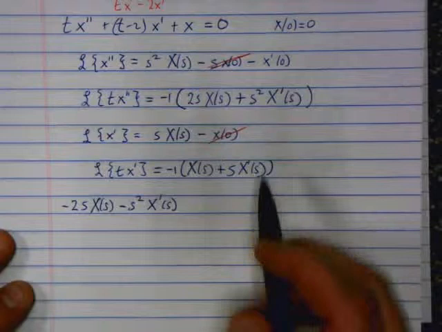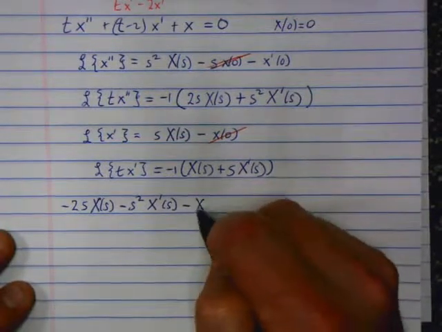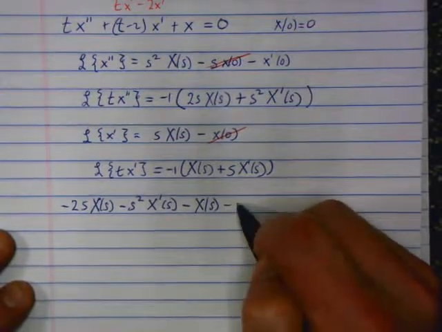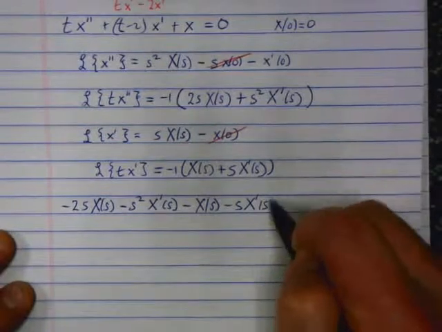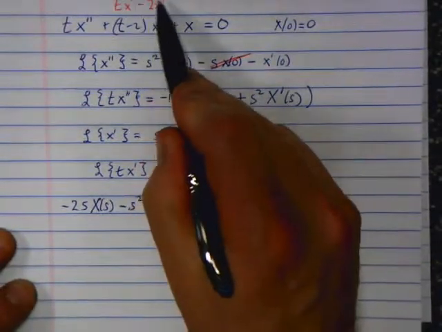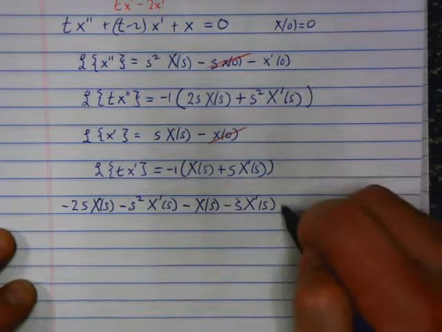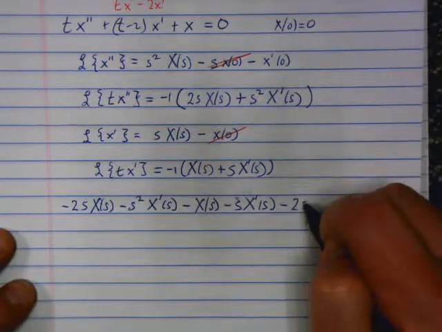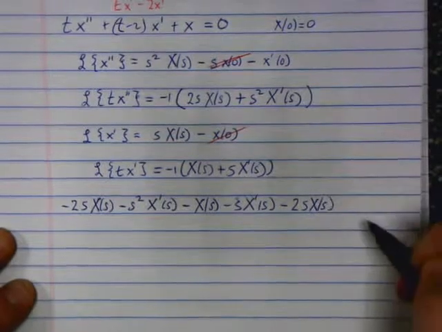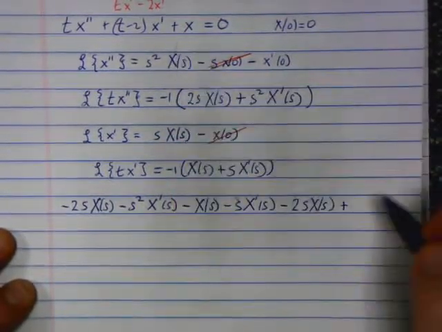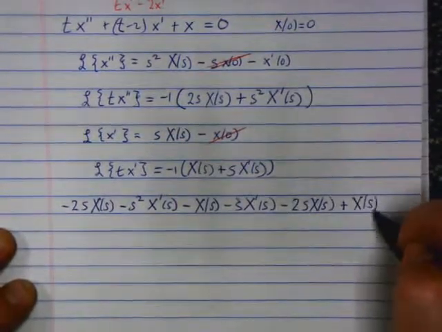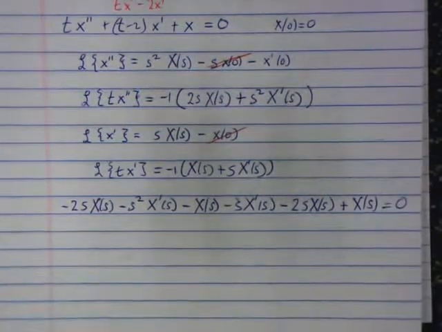There's my t times x prime. So that's negative capital X minus s capital X prime. Then I need 2 times my x prime. So that's minus 2s capital X. Plus the Laplace transform of little x is capital X equals 0.